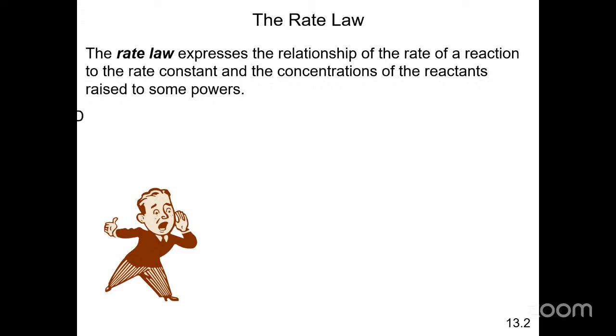All right, so again, going back to our hypothetical example reaction, the rate law for this reaction can be written as rate is equal to K times concentration of A raised to the X times concentration of B raised to the Y, all right? Now, first thing I want you to notice is that the rate law can only be written in terms of the concentration of the reactants, right? The products will not appear in the rate law, all right?